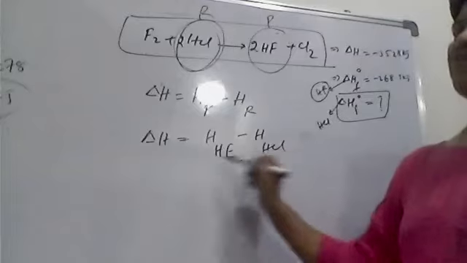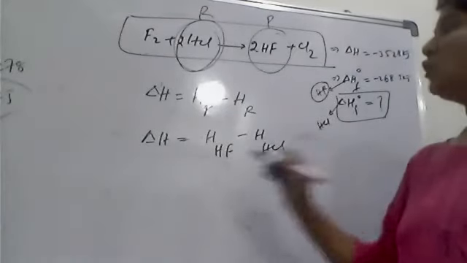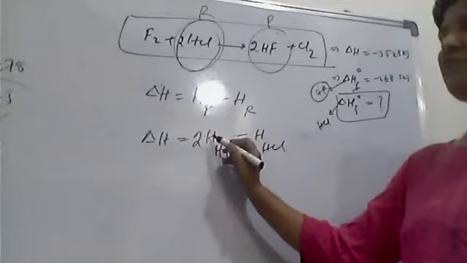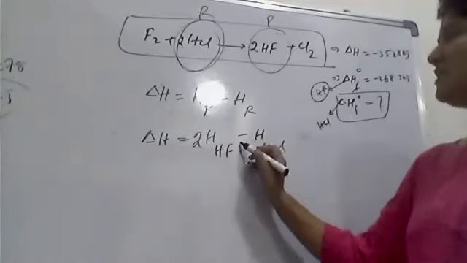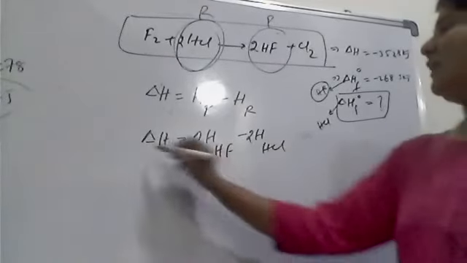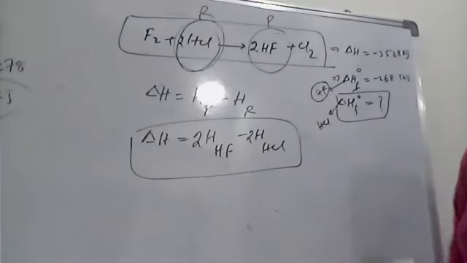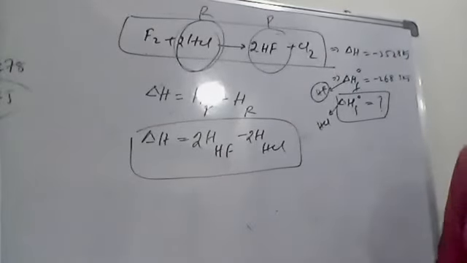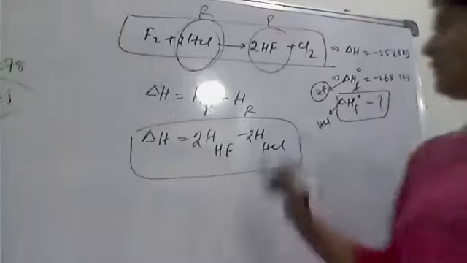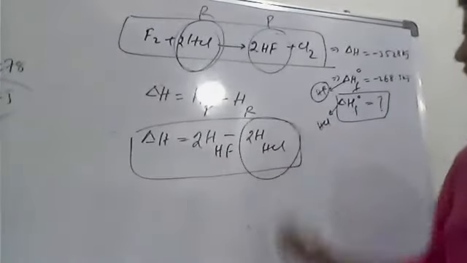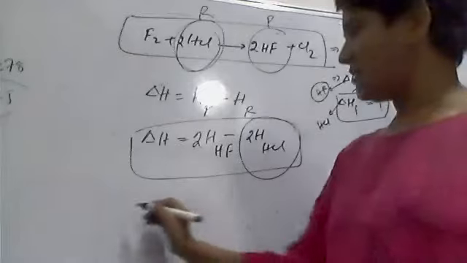We consider 1 mole, but in the reaction there are 2 moles. Therefore it is 2 moles of HF enthalpy minus 2 moles of HCl enthalpy. You are asked to calculate the enthalpy of HCl, so this is the one you want.